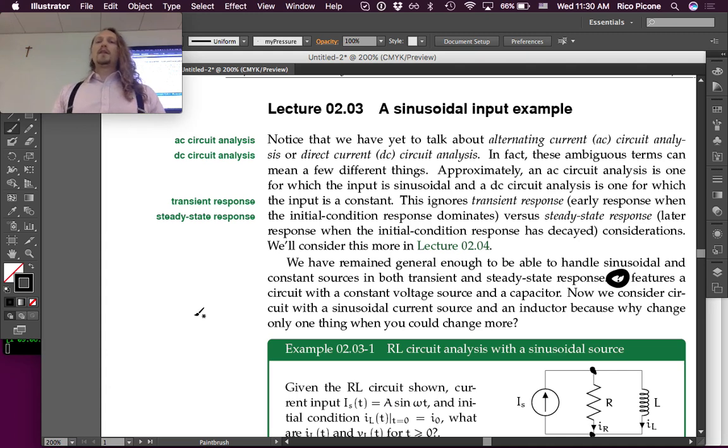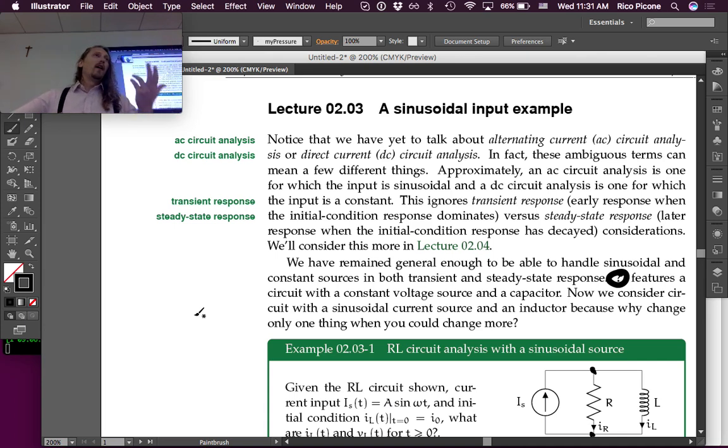We're going to consider those two terms more in the next lecture. There's a lot to discuss, so that's why I split it off into a different lecture. But for now, we can just say we have remained general enough to be able to handle sinusoidal and constant sources in both transient and steady state response.